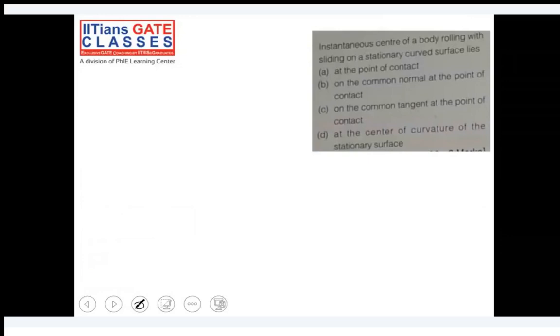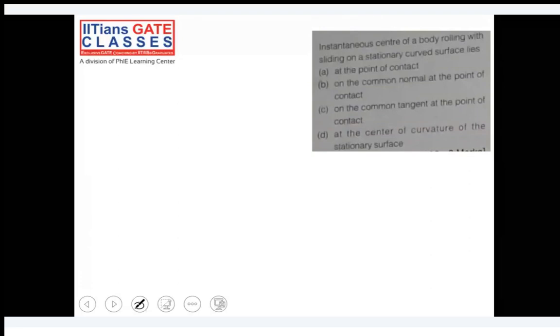Is it at the point of contact, second, on the common normal at the point of contact, on the common tangent at the point of contact, at the center of curvature of the stationary surface? Okay. A little bit tricky question. So think on it.